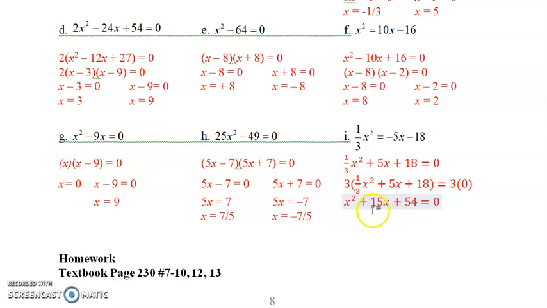So then we just say bracket x plus 6, x plus 9 equals 0.